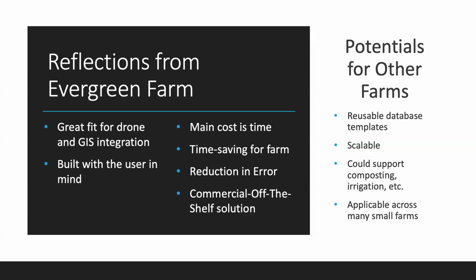So there was no cost to the organic farm to implement this. And that investment paid off, because it does save time and it reduces the chances of errors in the data entry. And it showed that drone and GIS integration isn't just for large commercial farms, but small farms can absolutely take part in its digital transformation.